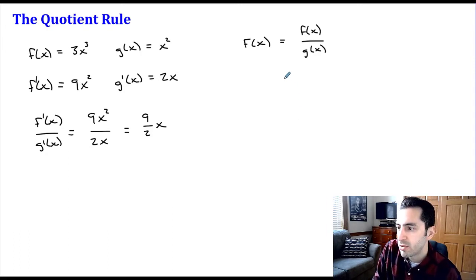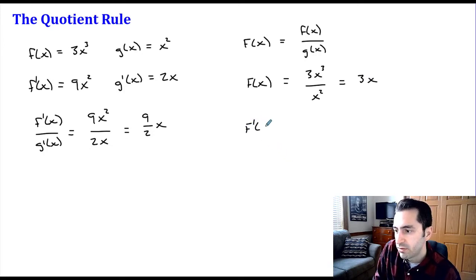If I substitute in my two functions, we have 3x cubed divided by x squared, and simplifying that, our function capital F of x simplifies to just 3x. Now if I take the derivative of capital F of x, the derivative of 3x is just 3.